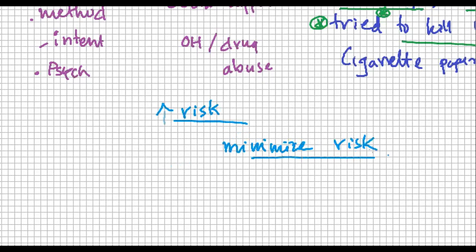And how do you do that? We have to remove the methods of self-harm, such as removing any sharp instruments, removing any firearms from the vicinity of the patient. We have to arrange for social support.